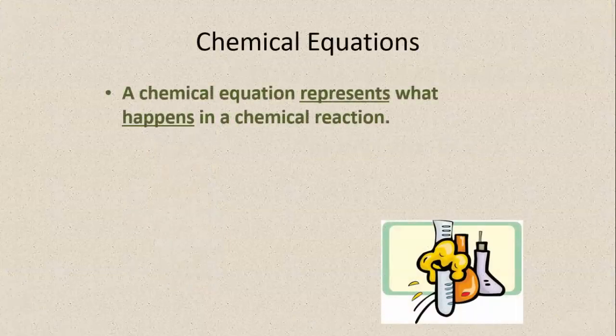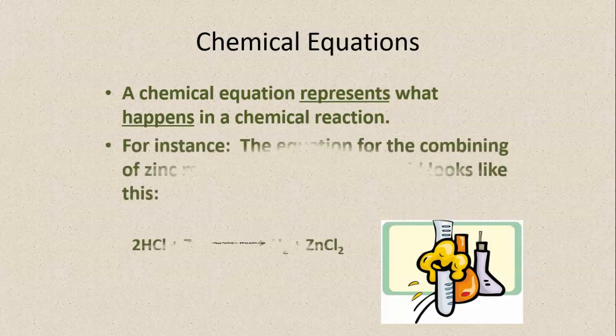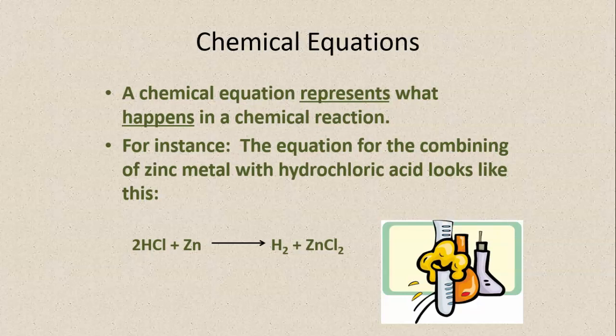When we left off yesterday, we mentioned that a chemical equation is what represents what happens in a chemical reaction, and that we had watched the video, and I know there were some issues with that video.